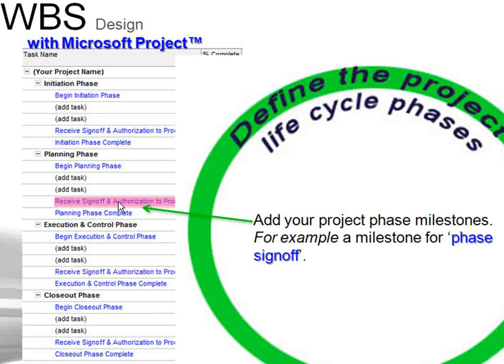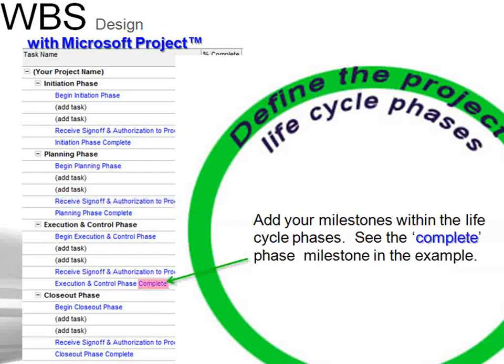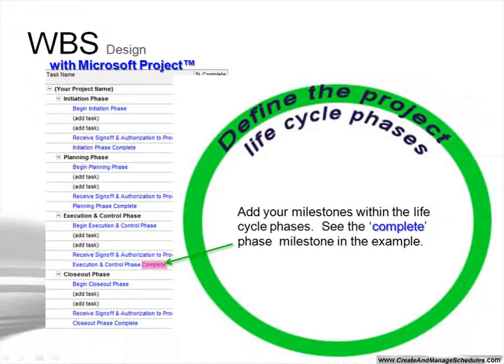So for example, signing off on a deliverable, you would include that. And as I mentioned before, you would have a milestone for the beginning of that phase and a milestone for the completion of that phase. We're going to use these milestones in our reporting in later lessons, and here's a complete milestone for the phase being complete.